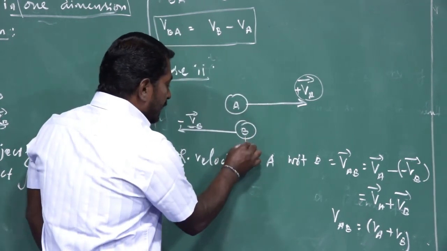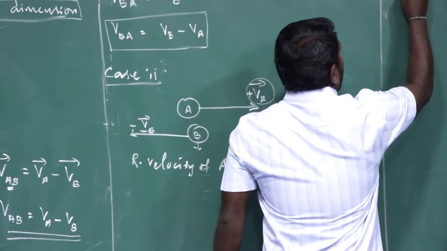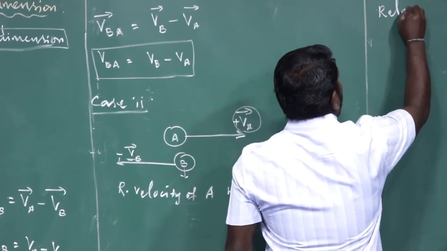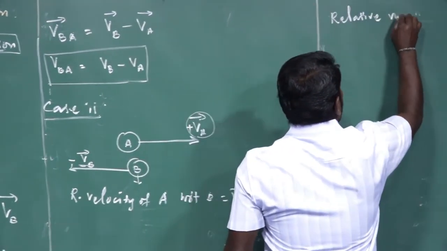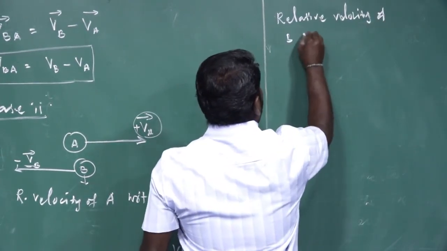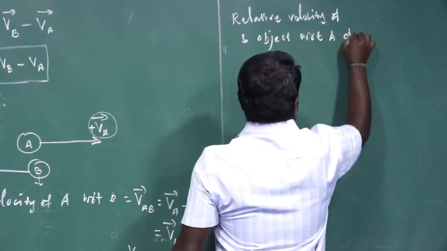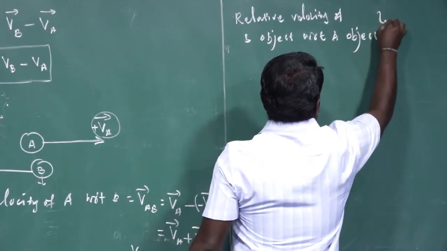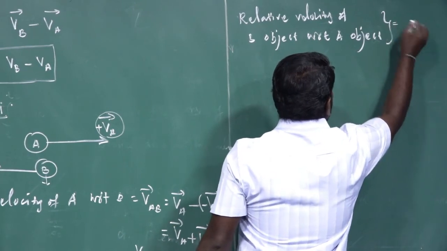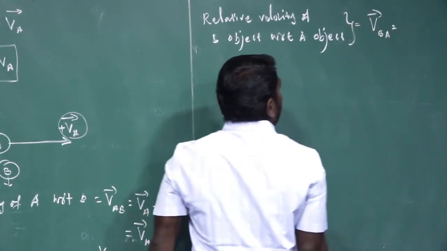Then what is the relative velocity of B object with respect to A object? B object with respect to A object.